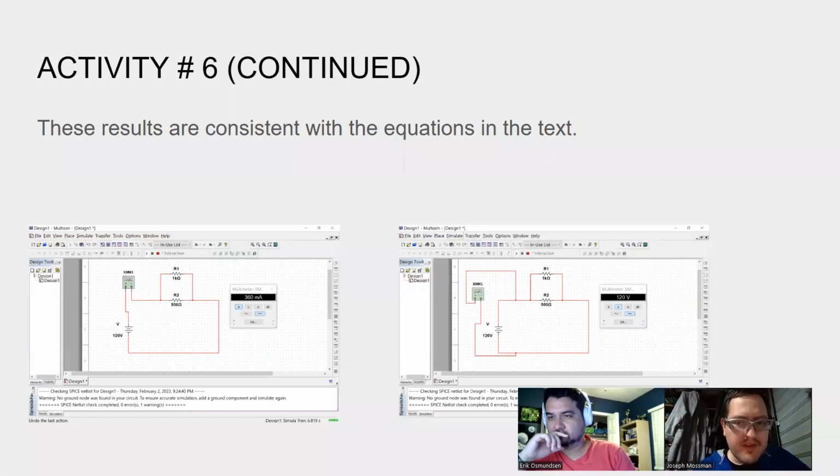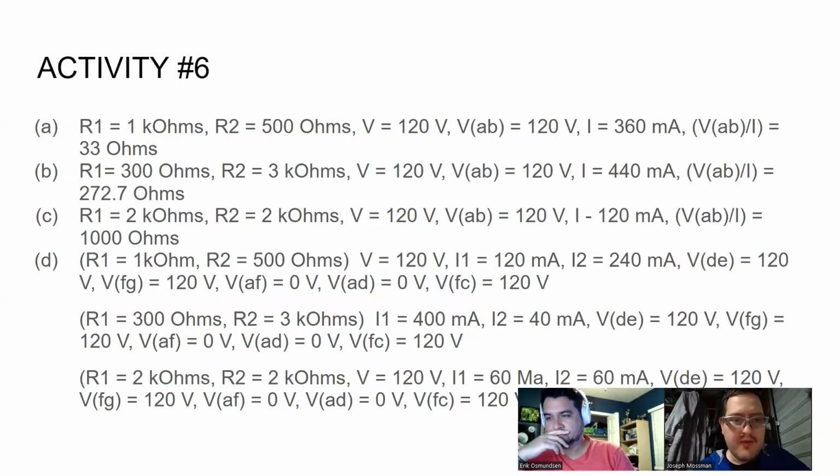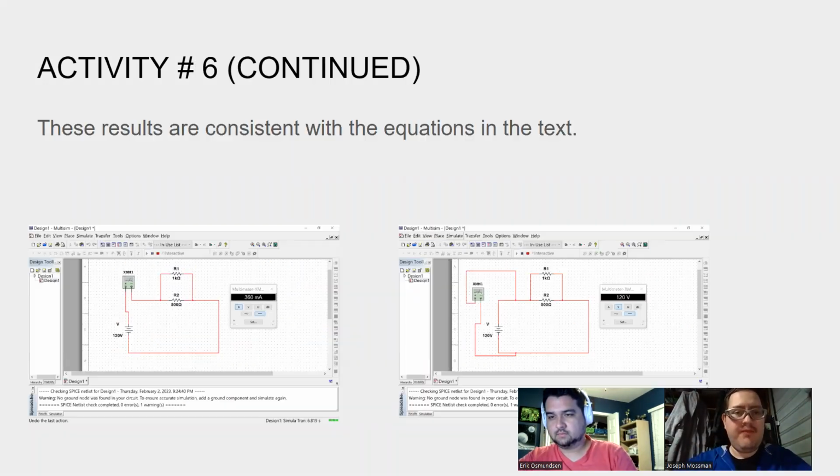For section D, we use the same data for A, B, and C and use it to calculate these other values here, I1, I2, VDE, VFG, VAF, VAD, and VFC as shown. And once again, these results are consistent with the equations in the text.